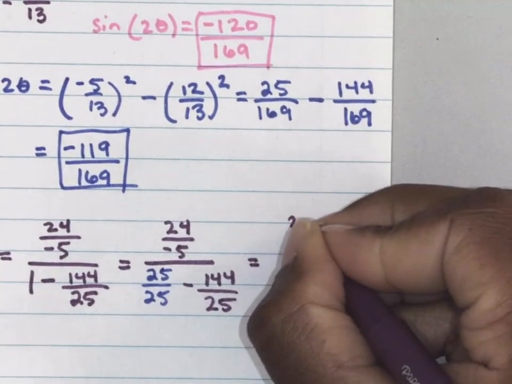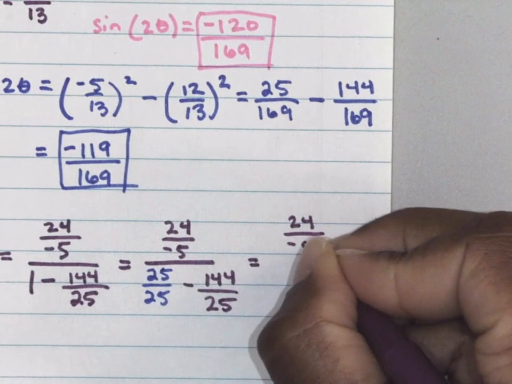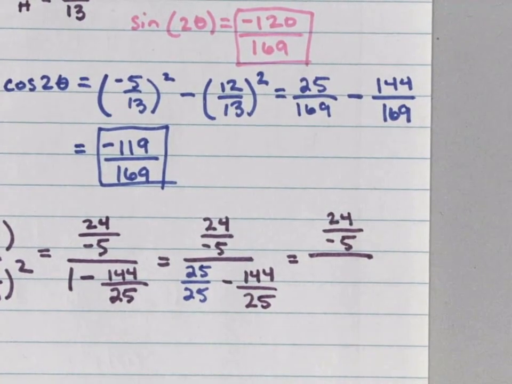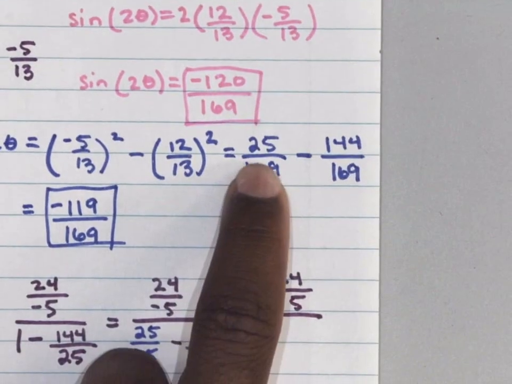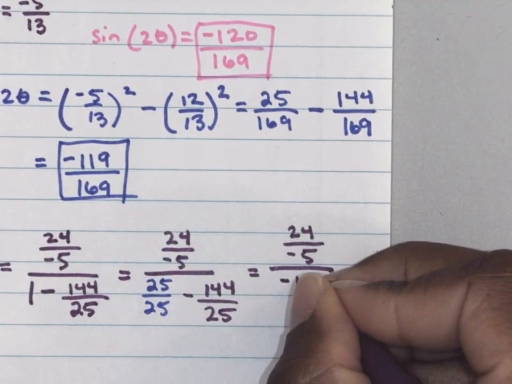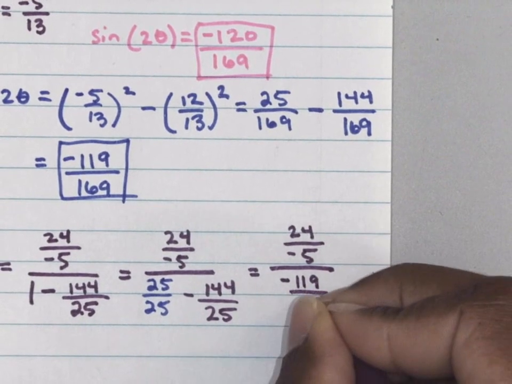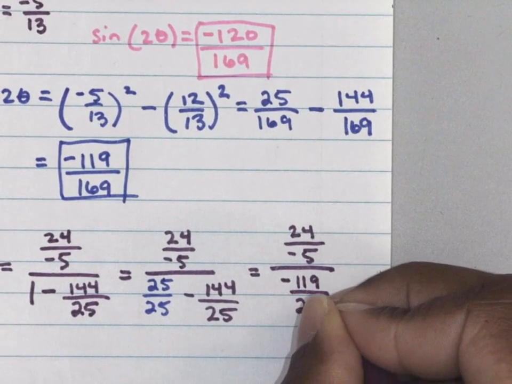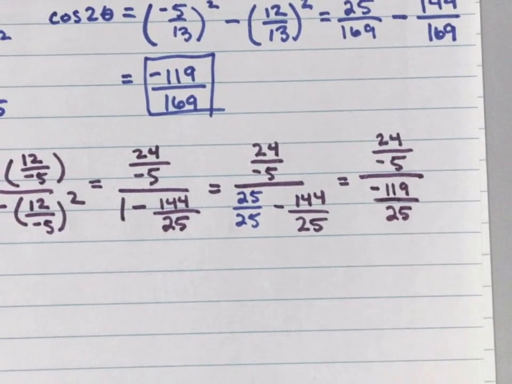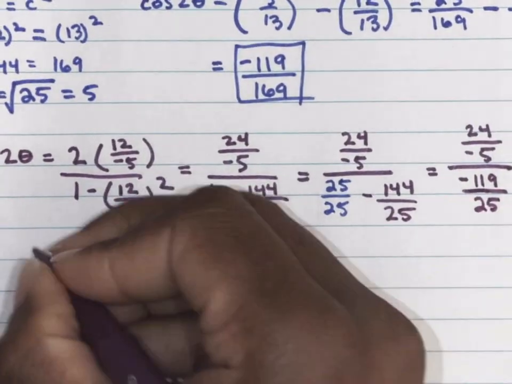So that gives me 24 divided by -5 over, and we just did this before, we got -119 divided by 25. All right, so now we got keep, change, flip.